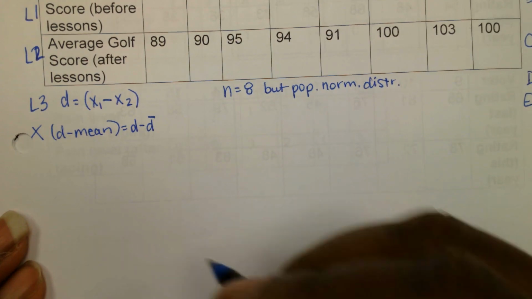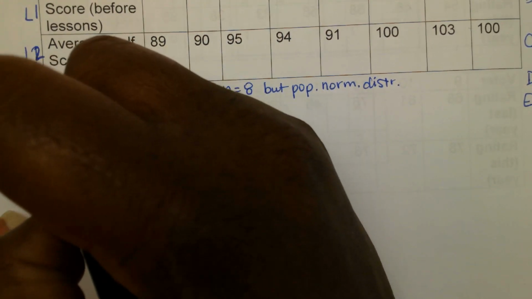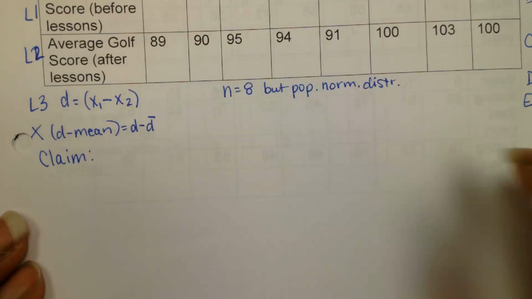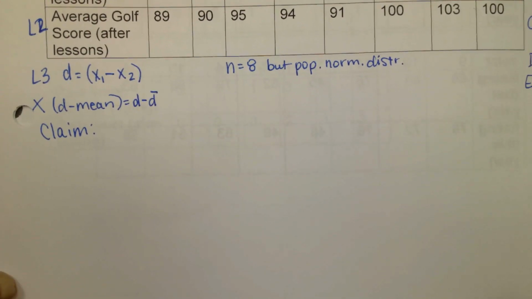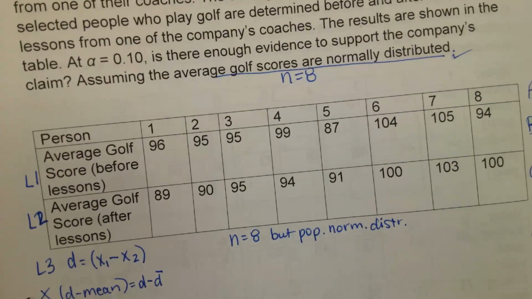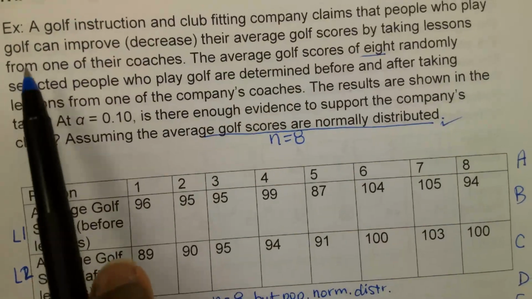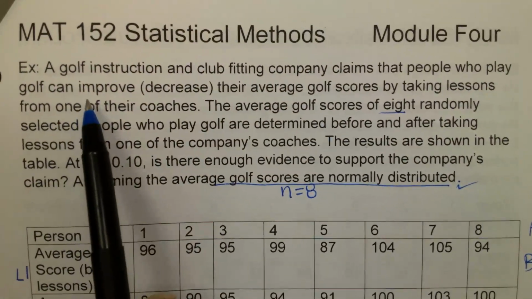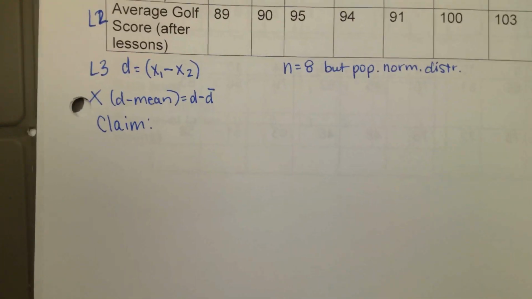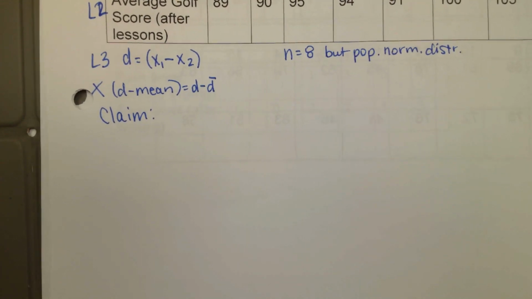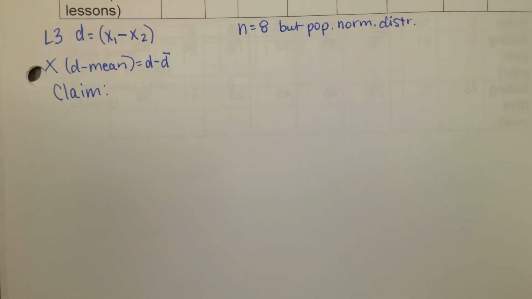Now we need to identify our claim. So the claim is that the people who play golf can improve or decrease their average scores by taking lessons from another coach. So make sure that you can see this.